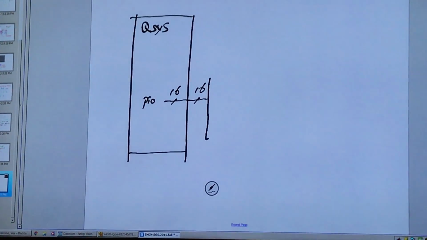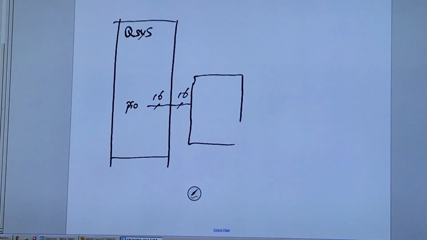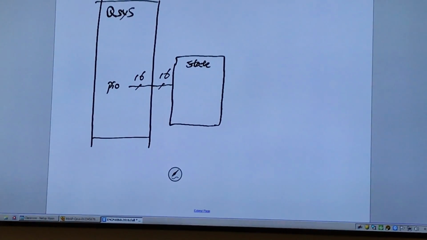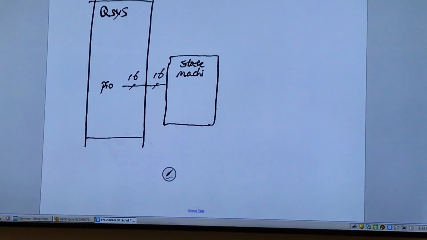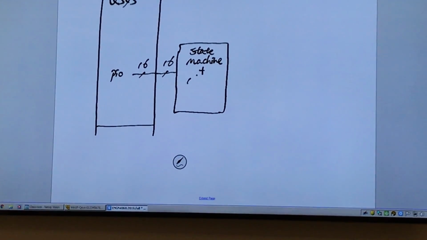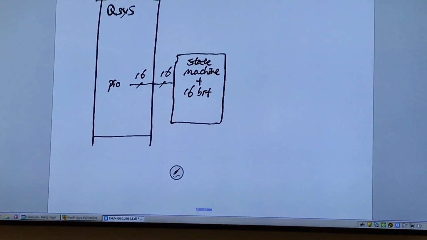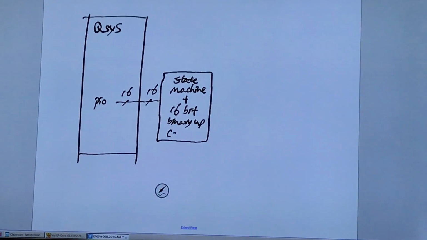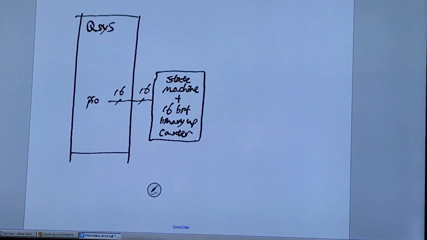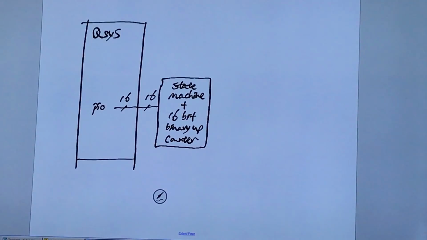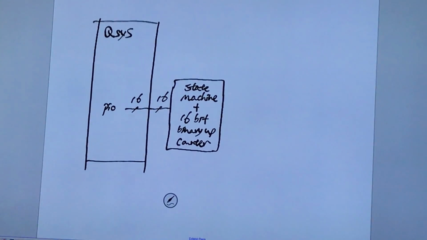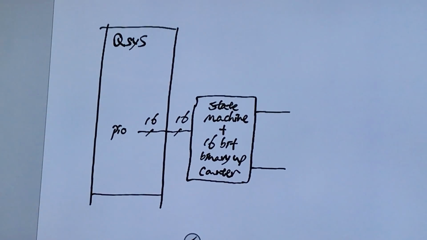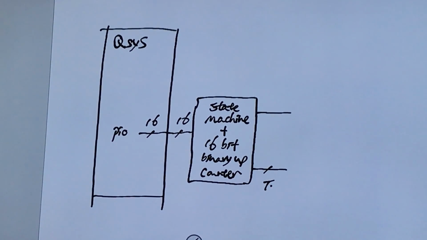And then you build another circuit that's a state machine plus a 16-bit binary up counter. Right. So what we'll get, you get 2 sets of signal. This one is timeout.